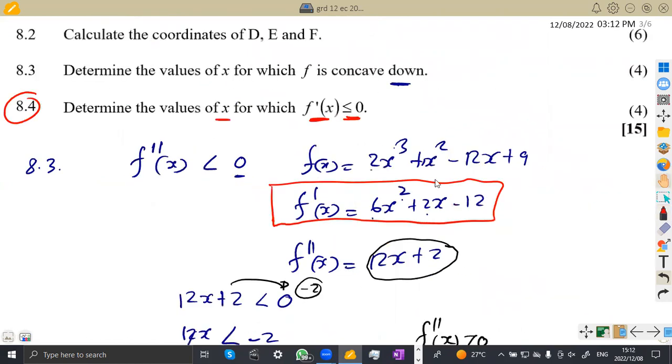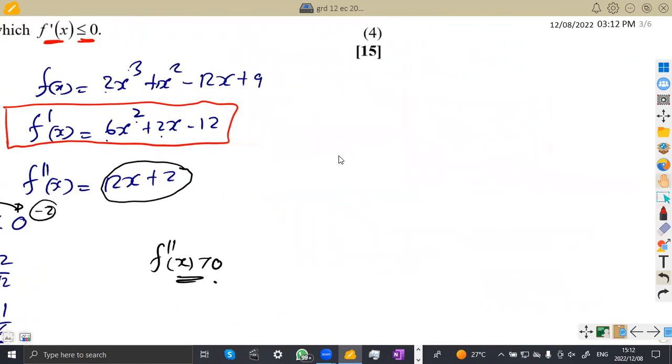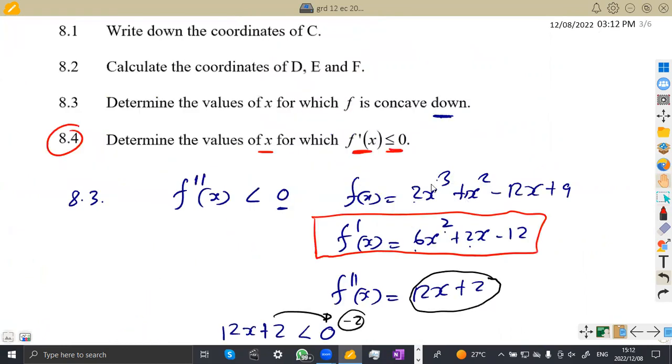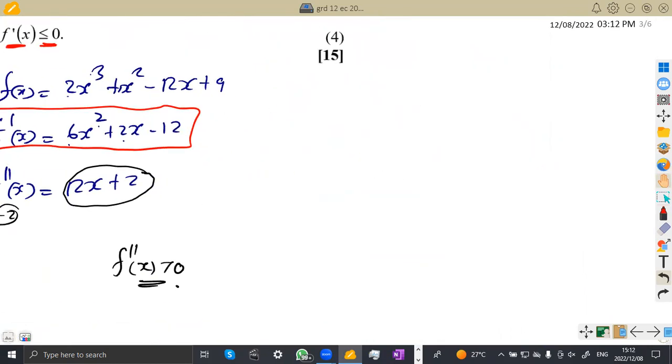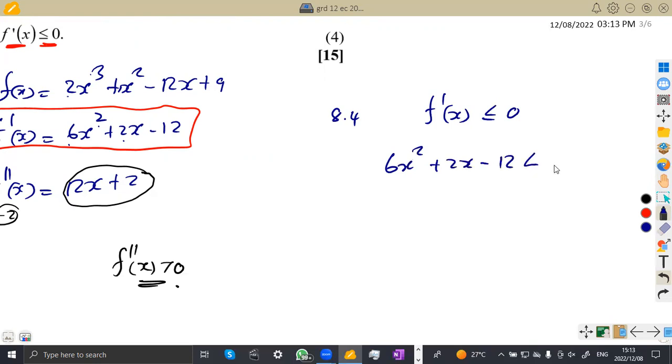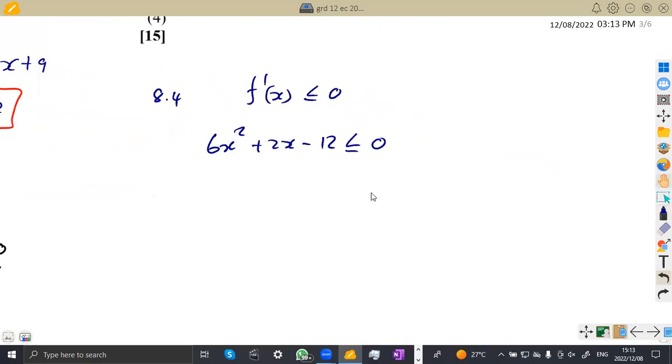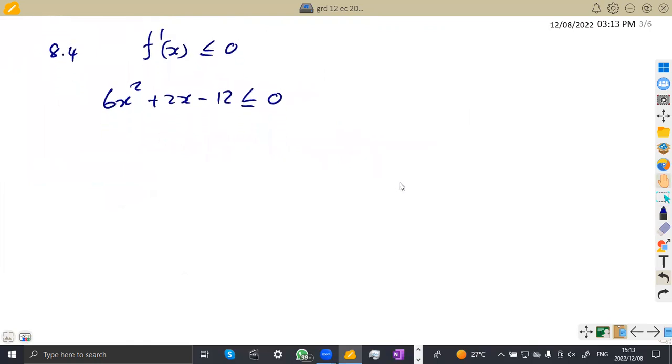The first derivative with respect to x must be less than or equal to 0, and our first derivative is 6x squared plus 2x minus 12, which is less than or equal to 0. That's the inequality you're supposed to solve.